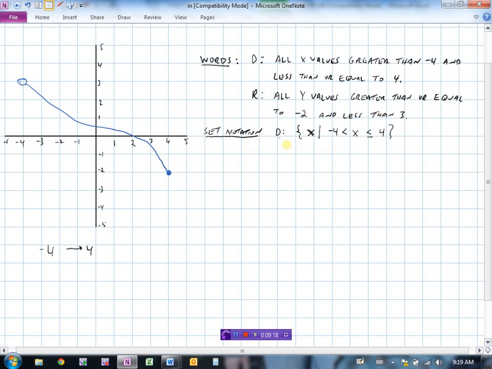So the domain is the set of all x such that x is greater than -4 and x is less than or equal to. This little line under here means equal to. So remember, we could include this endpoint. So we have less than or equal to 4. So this little symbol here means less than. And this little symbol here means greater than.